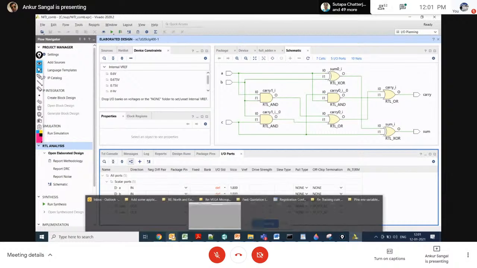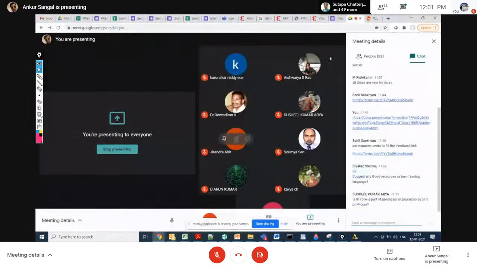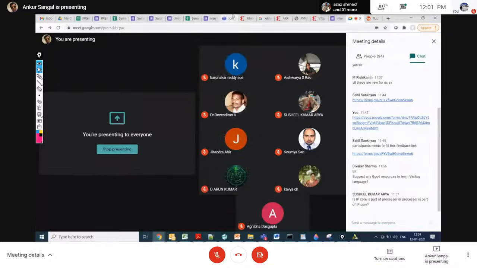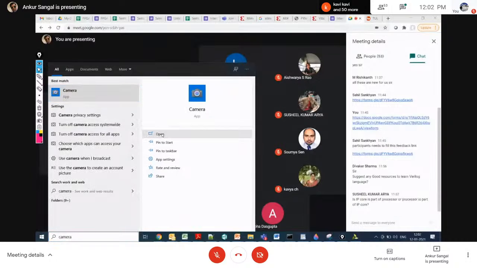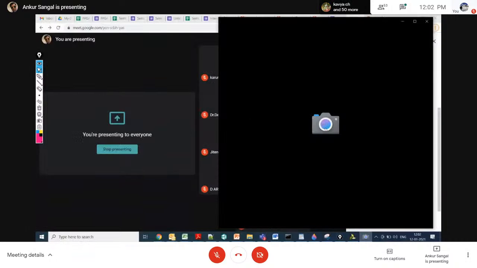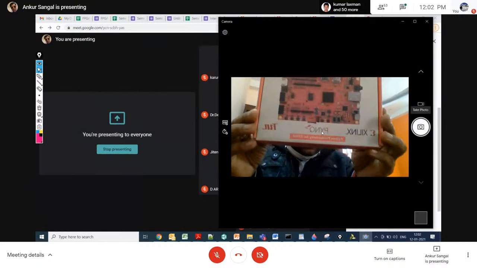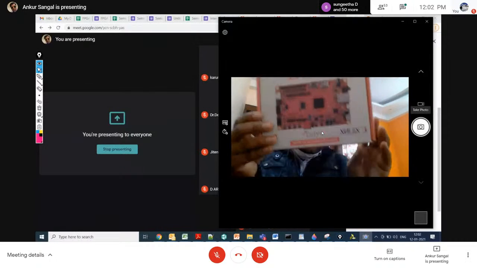I can also visualize it. You can see this is the FPGA board, the PYNQ-Z2 board.